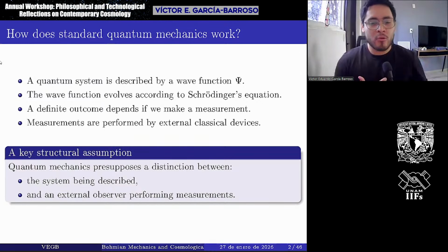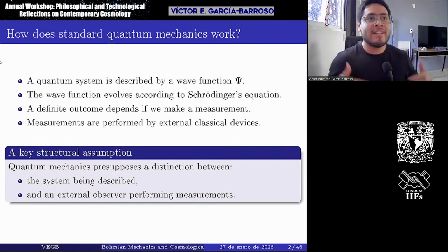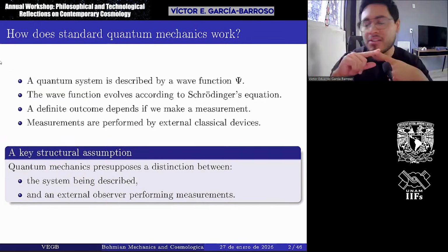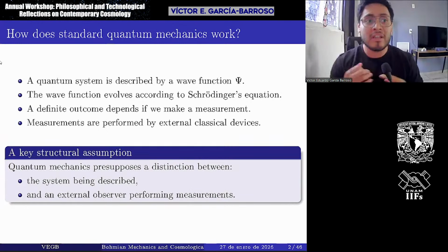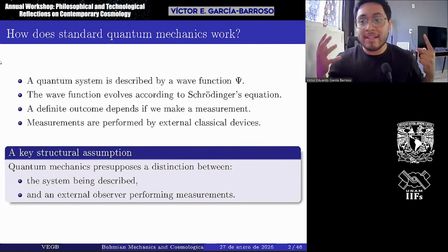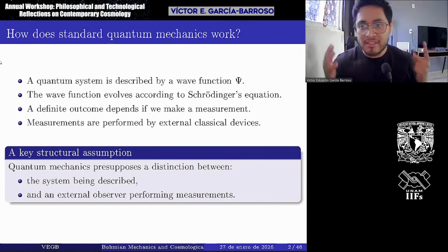Usually, we divide the world into two parts, but this depends on a set of rules or postulates. One is we associate a Hilbert space to a physical system like an atom, electron, or superconductor, and we have something called the wave function that gives us all the information of the state of the system.